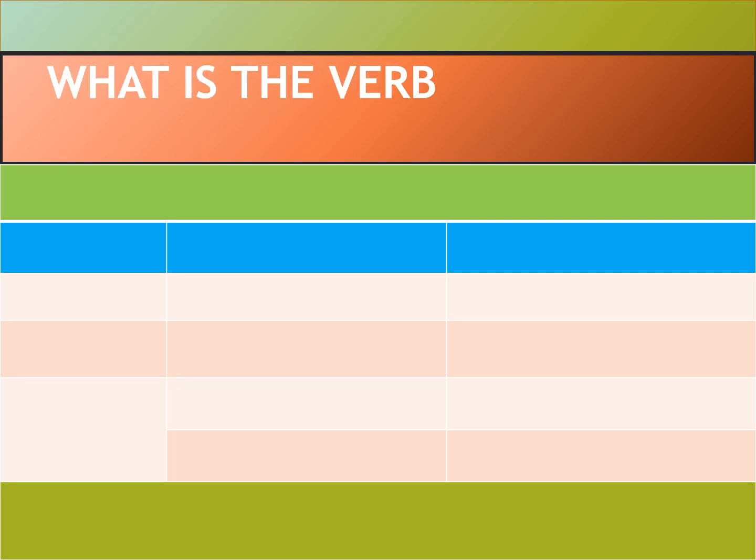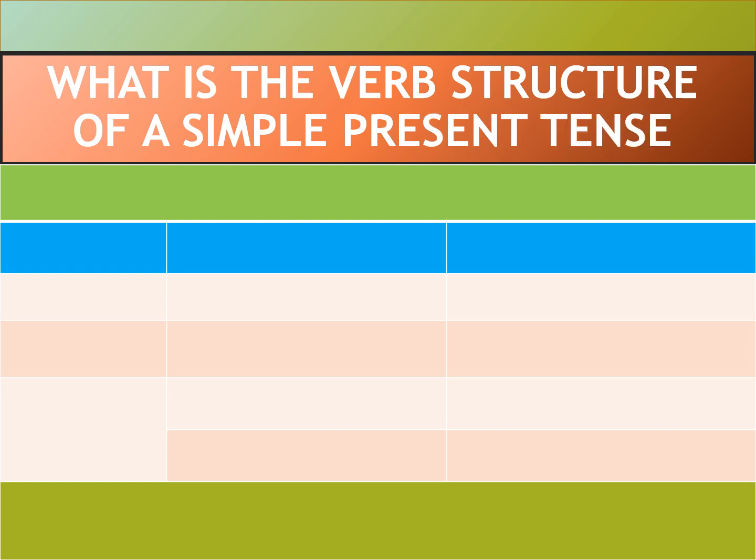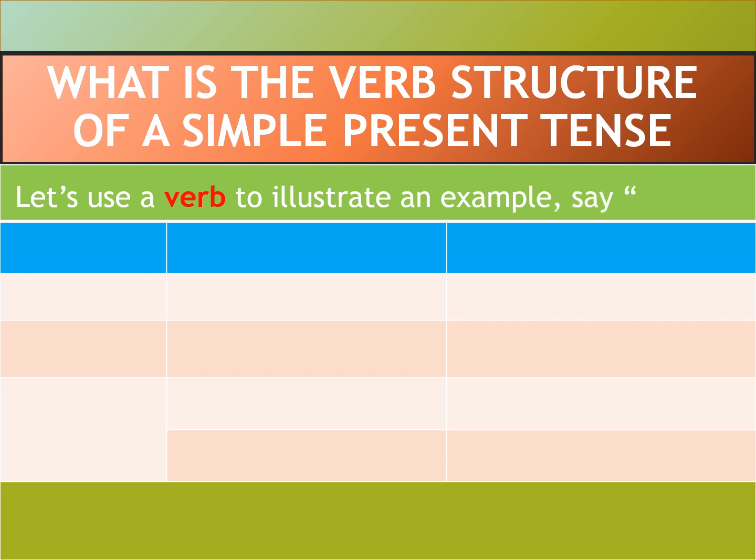Then, what is the verb structure of a simple present tense? Let's use a verb to illustrate an example. Say, walk.